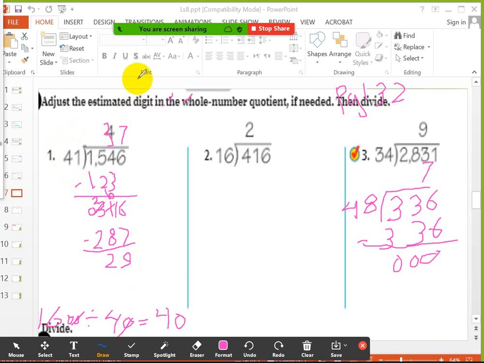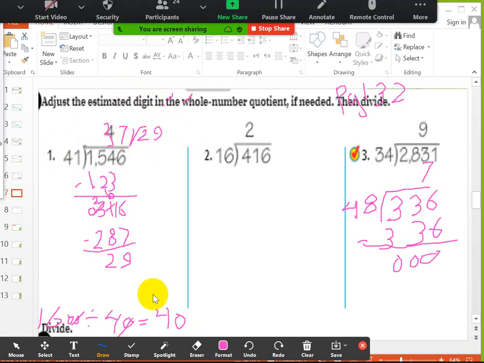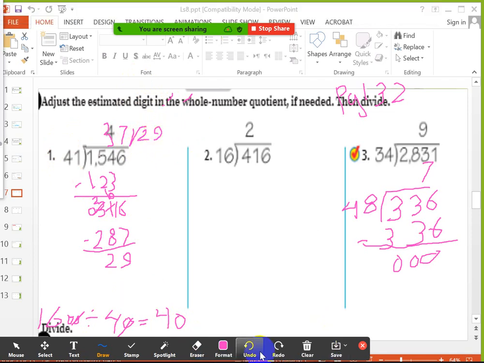No, I can't, so it will be a remainder. So the exact number is 37, and there is a remainder equal to 29. And my estimation is too high, because it's higher than the quotient.